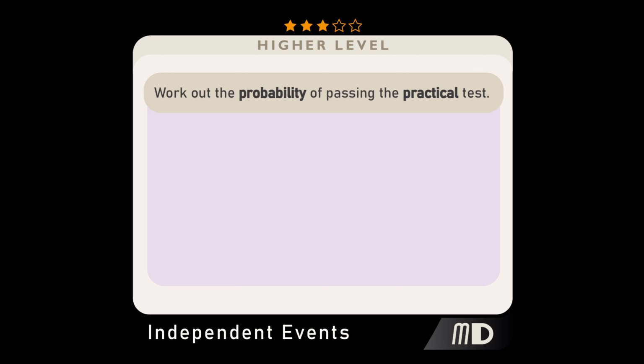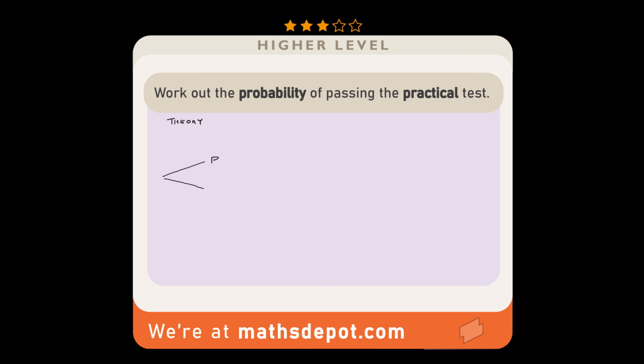To begin, we need to draw a probability tree diagram. The first part of the diagram represents the theory test, where there are only two outcomes, a pass or a fail.